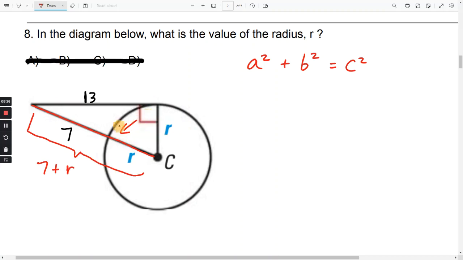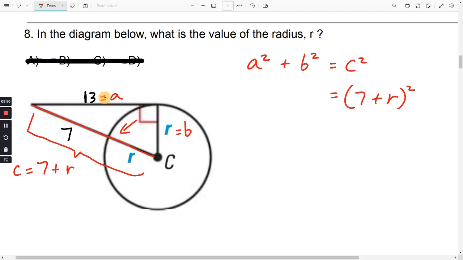And since it's across from the right angle, the hypotenuse is represented with c. So c squared is going to be (7 plus r) squared. Now the other sides, it doesn't matter, a and b. I'll let 13 equal a, and I'll let the radius r equal b.